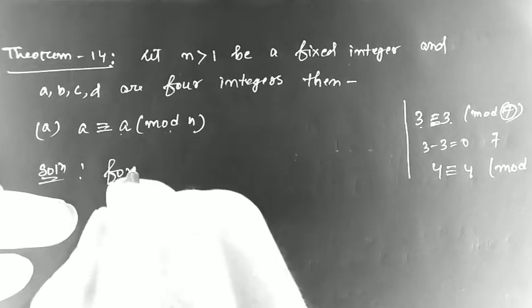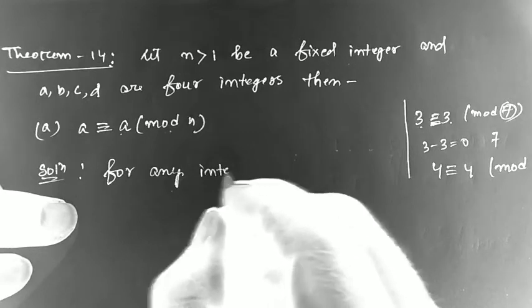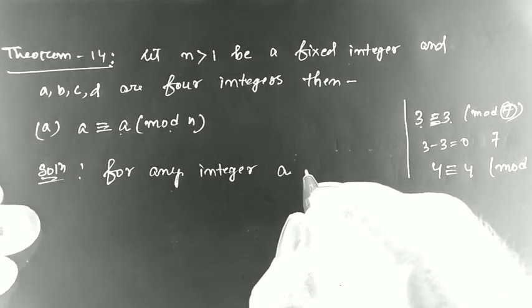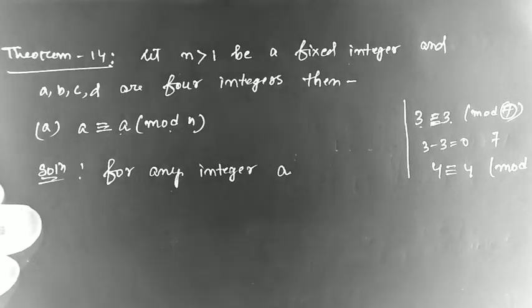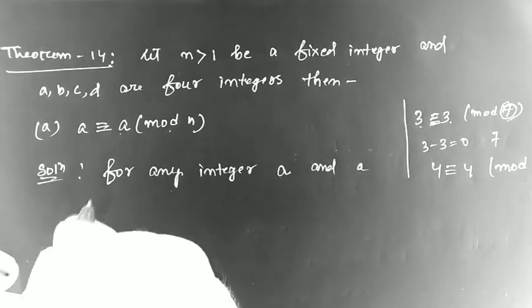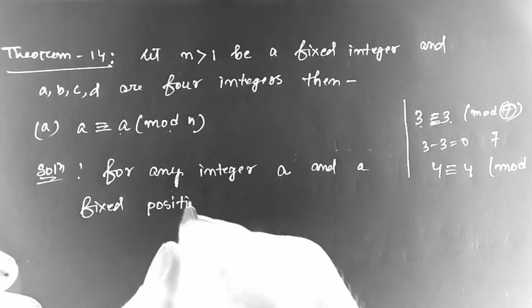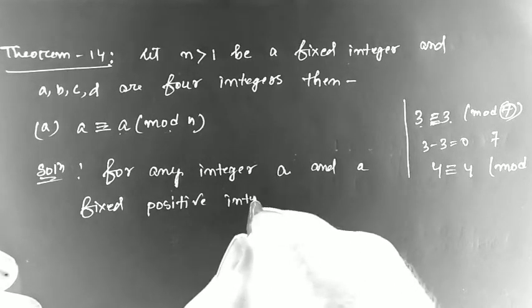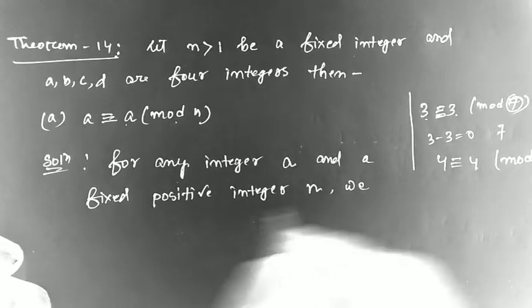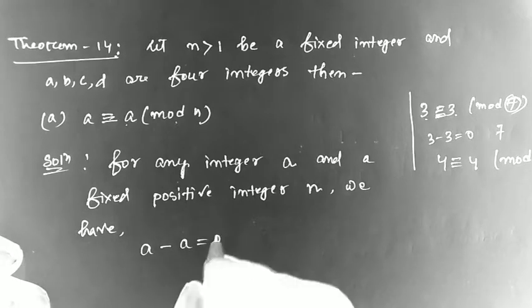For any integer a and a fixed positive integer n, we have a minus a is equal to 0, no?